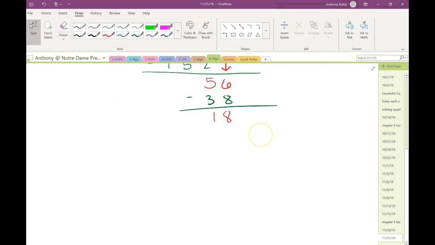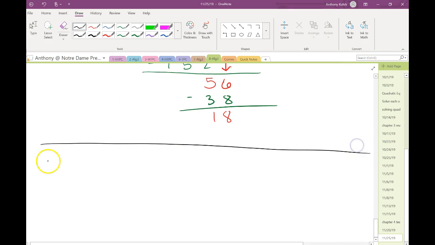So let's try doing this with polynomials now, that we've kind of refreshed our memory.